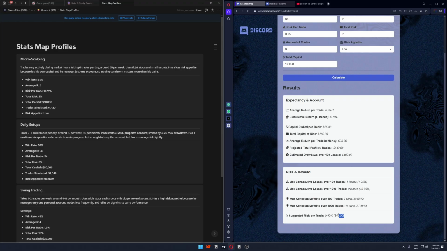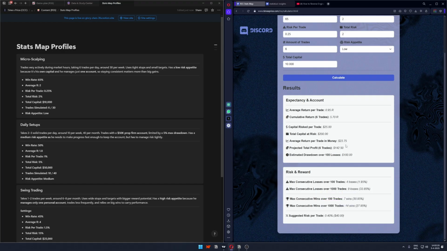And our suggested risk per trade is simply based on the total risk and the potential consecutive loss streak plus 1, so the 4 losses that are possible, plus 1 to protect this streak, so we'll have to use $40.